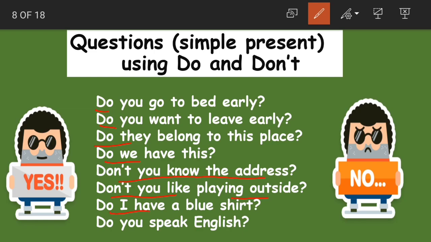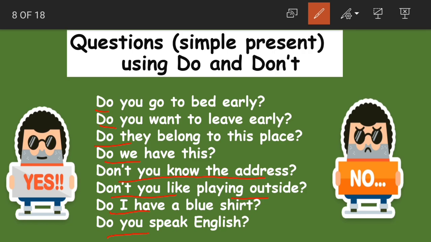Do I have a blue shirt? You want to ask your mother. You want to wear a blue shirt, and you ask your mother, do I have a blue shirt? Okay. And do you speak English? Not only English, any language you can put here. Suppose you have a friend who doesn't know your language.